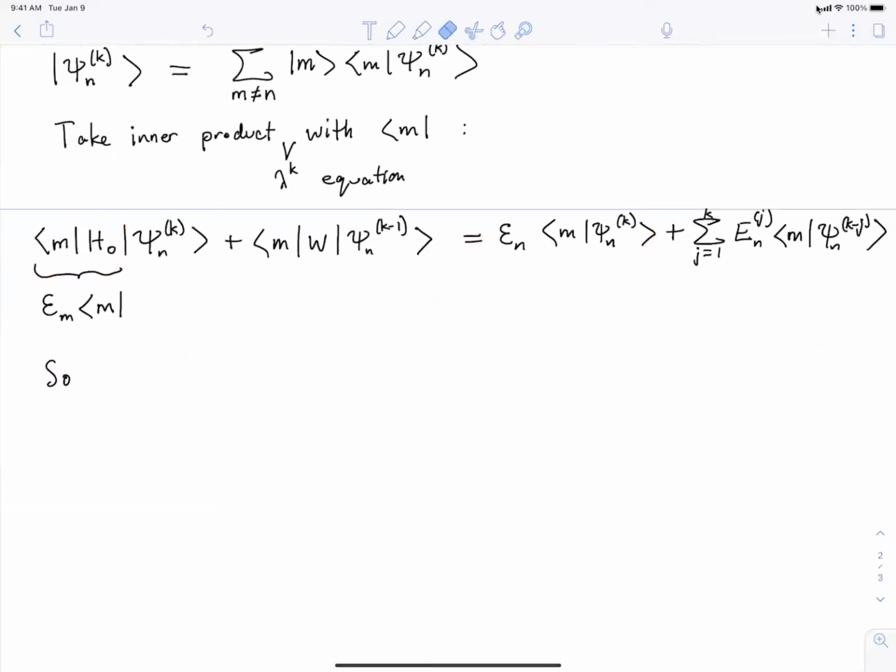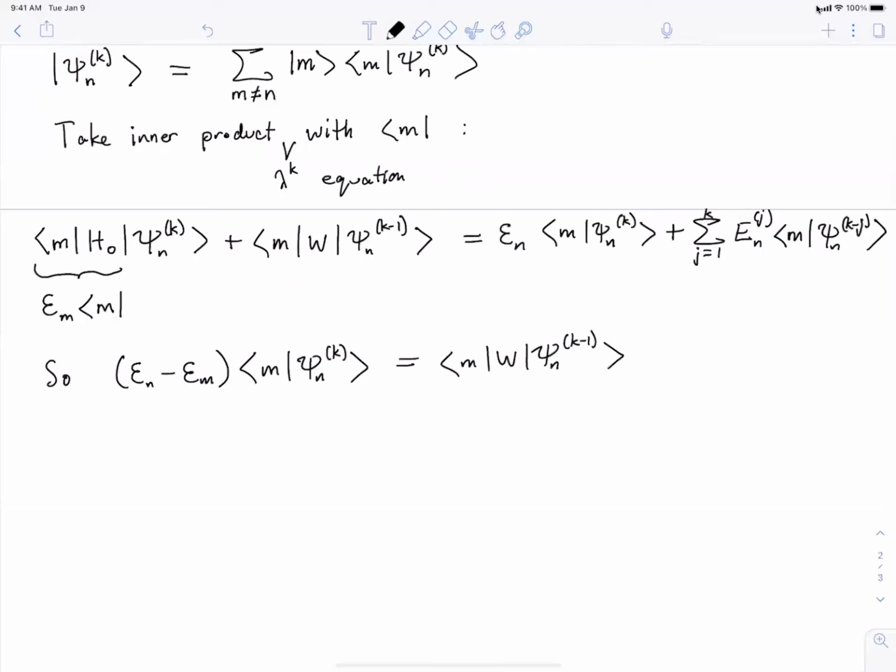And so we get curly E_n minus curly E_m times that inner product equals ⟨m|W|, I'm just moving everything else to the other side of the equation. Okay, so there's now our sum again.